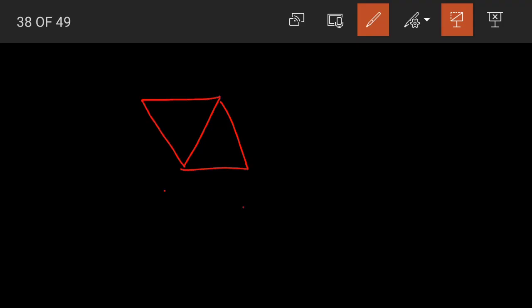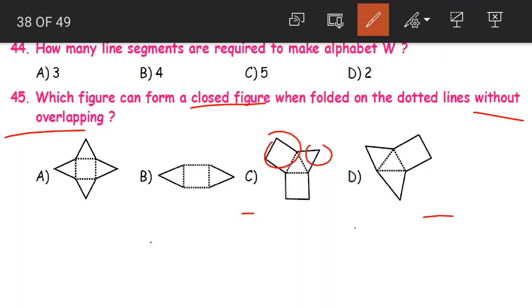These are two triangles that are not overlapping, they are fitting each other perfectly. But when I have something like this, these two are overlapping. Yes, one is falling on the other. So the figures should not overlap each other. Yes, children. So we have to fold them in such a way.